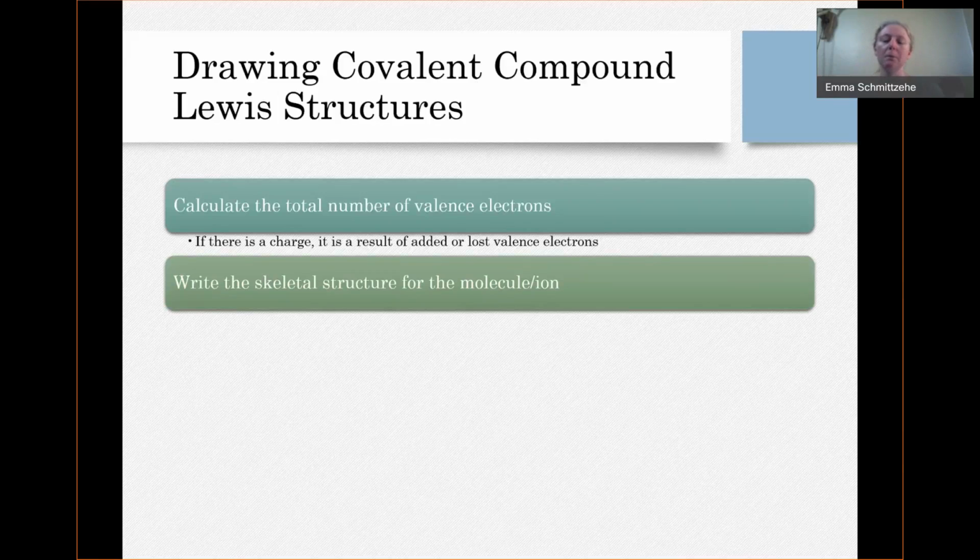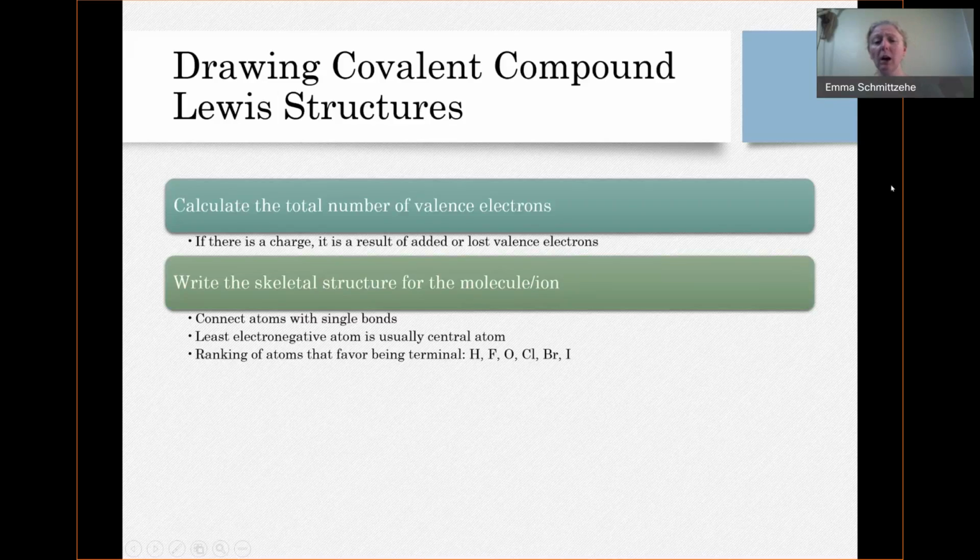So if you're trying to figure out what is in the center, it basically is whatever's the least electronegative atom. You can look at the periodic table, and things that are further to the bottom left are less electronegative. Although sometimes, occasionally, that doesn't quite work out.